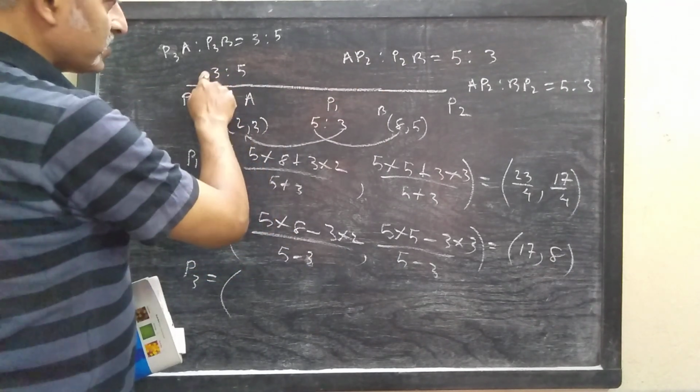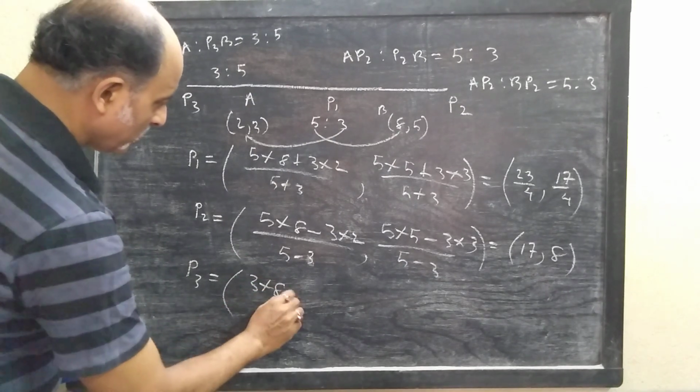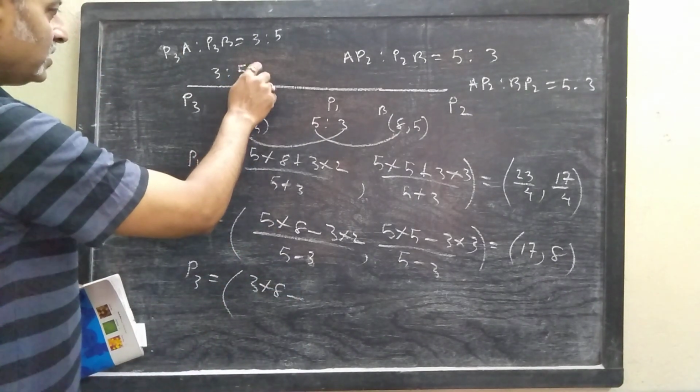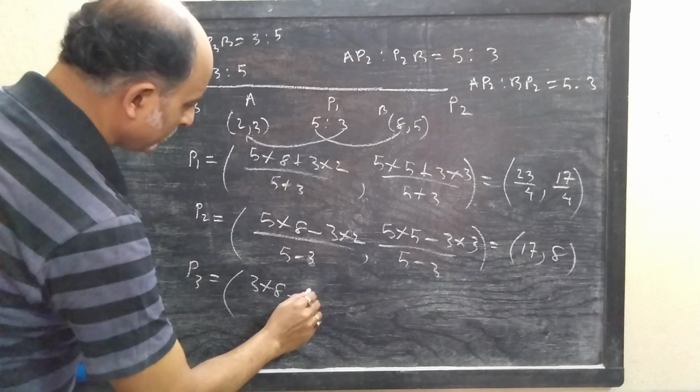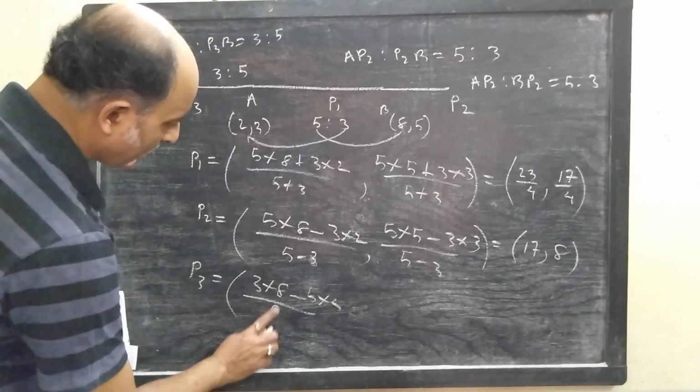m is 3 here, x2 remains 8, m x2 so 3 into 8 minus n x1, 5 into 2, by m minus n.